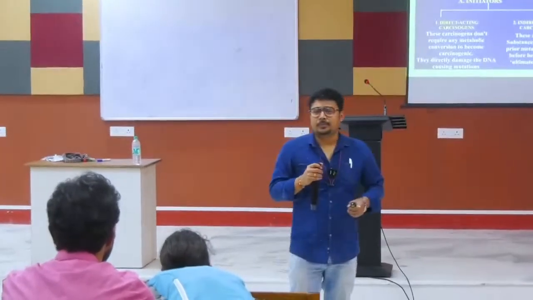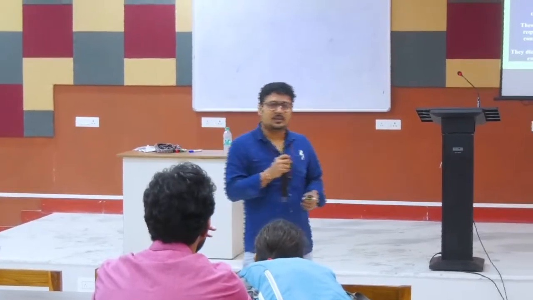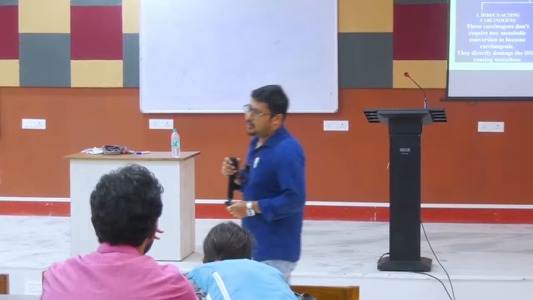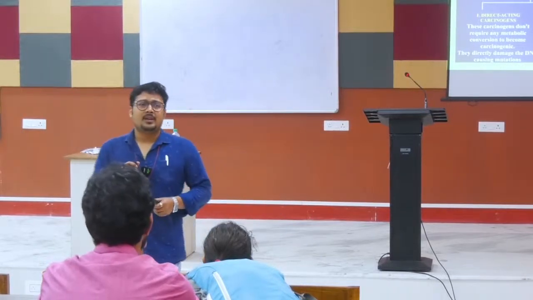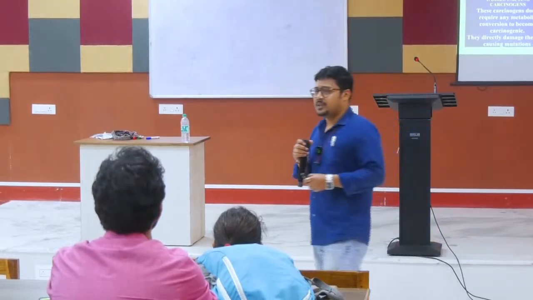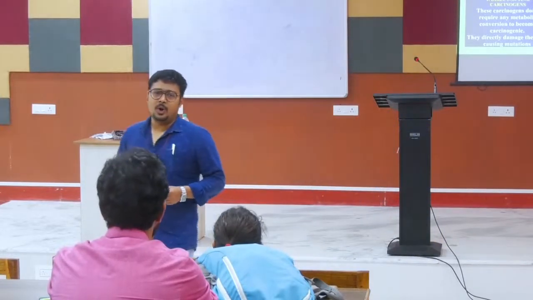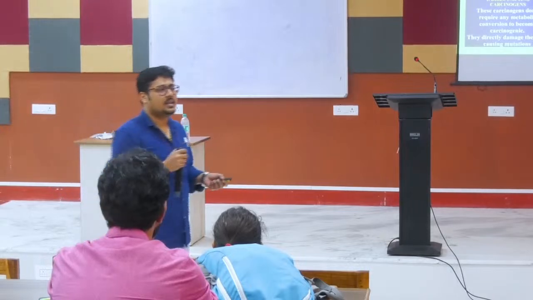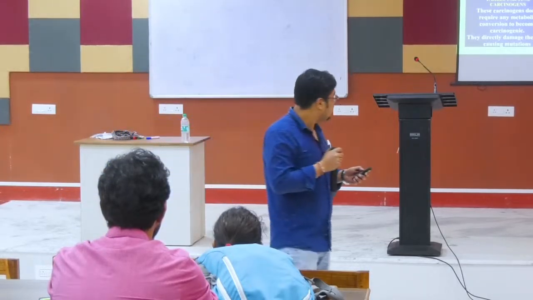The promoters do not initiate the process of carcinogenesis, but they help synergistically after the action of initiators. They are called promoters and they help to run the process of carcinogenesis from normal cell to cancer cells and their subsequent replications.